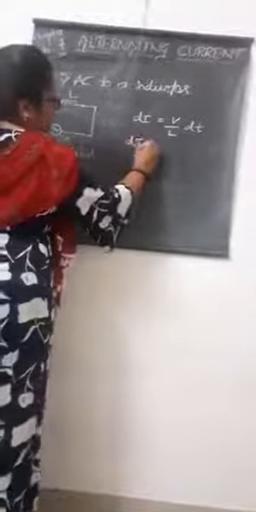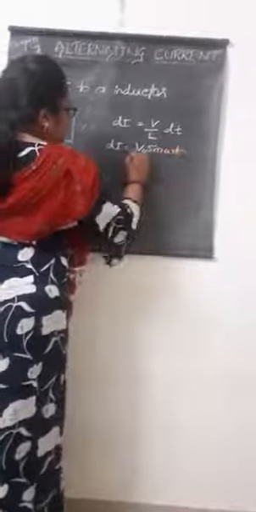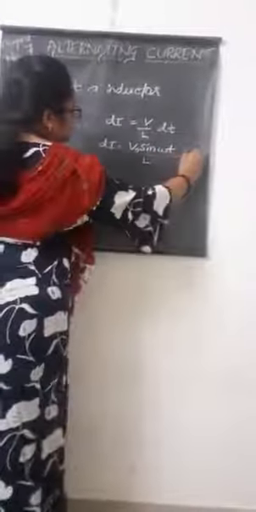Now from equation 1, can you substitute the value of V in this? Yes, that is V0 sin omega t. So what will be my di? I will create some space here for the derivation. So my di will be V0 sin omega t whole divided by L into dt.